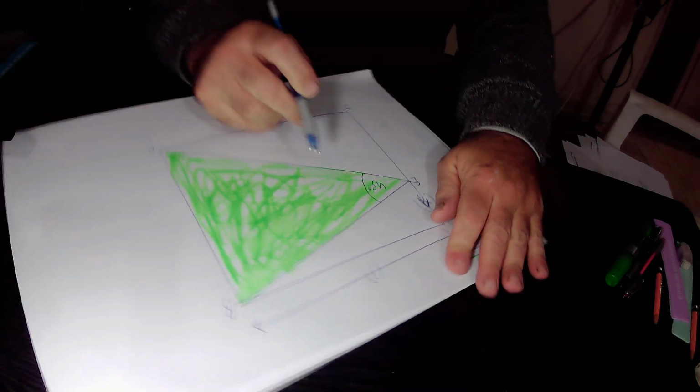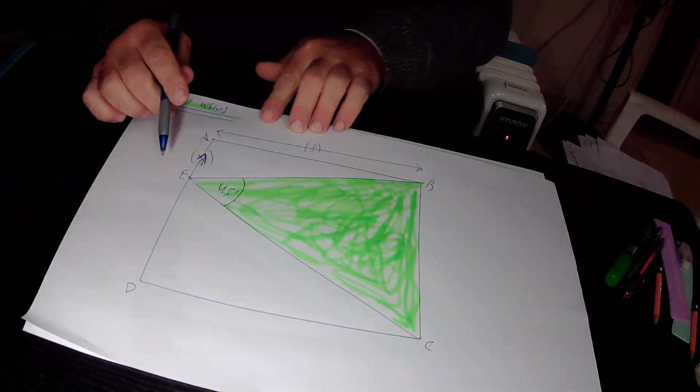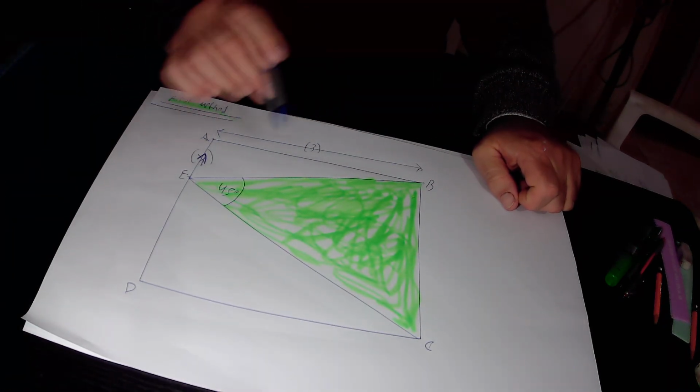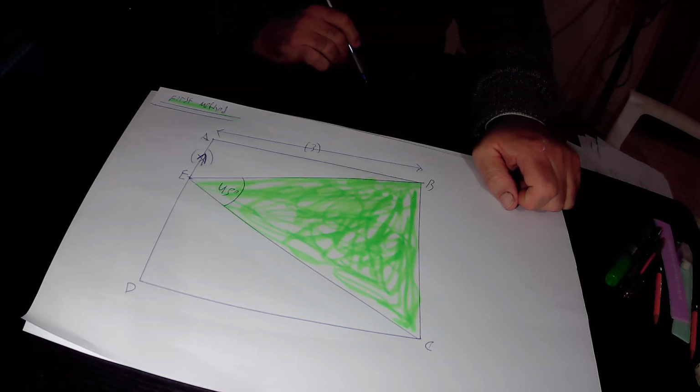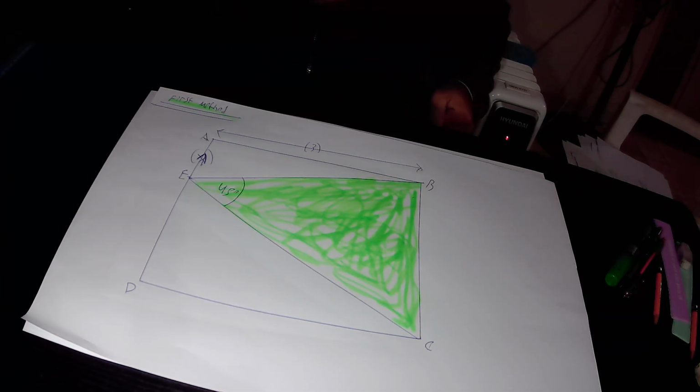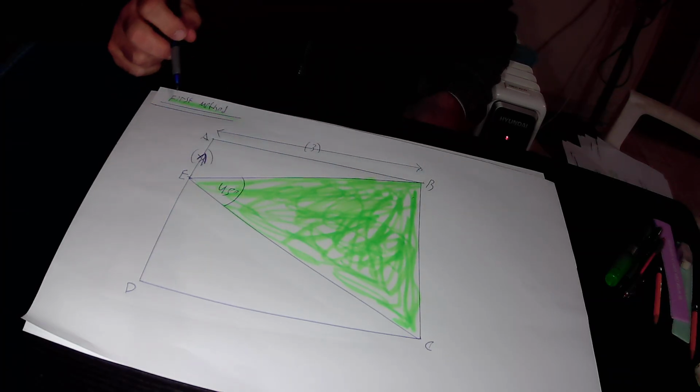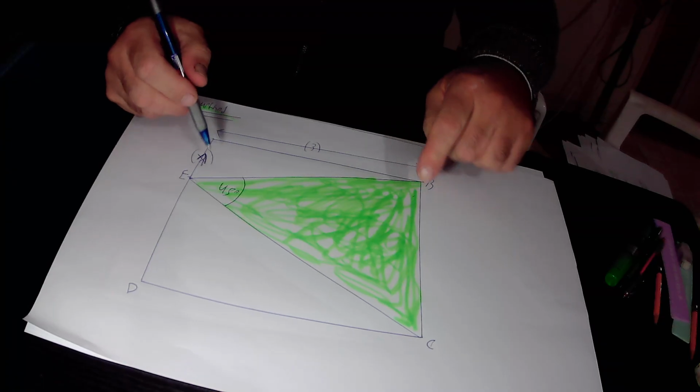Again, our task is to find out the area of this triangle BEC, that is the green shape. So first of all, ABCD is a rectangle, therefore all those four angles are right angles.